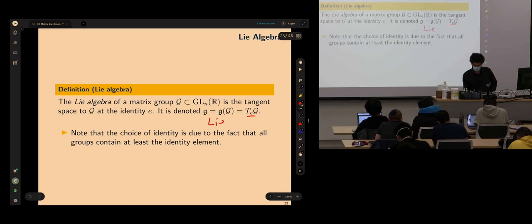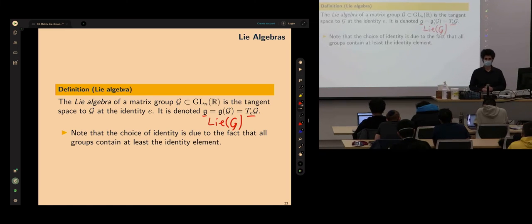You see different notations. It doesn't matter. This Gothic symbol usually is used for Lie algebras. So the tangent space at the identity is a Lie algebra, which is a vector space, the space of all these initial velocities.